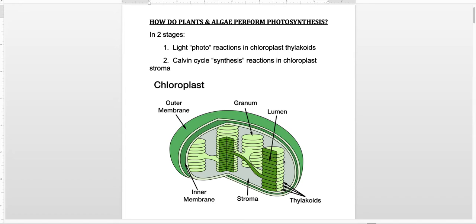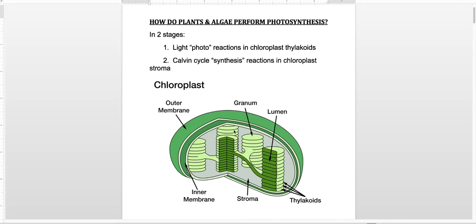These stacks of plates here are not really plates in the chloroplast. These are actually folds of the inner membrane. It's just the shape it's folded into. And these inner membrane folds are called thylakoids, these stacks here. And between the inner and the outer membrane there's this fluid called the stroma. So that's the fluid that's between the inner membrane, the thylakoids, and the outer membrane of the chloroplast.